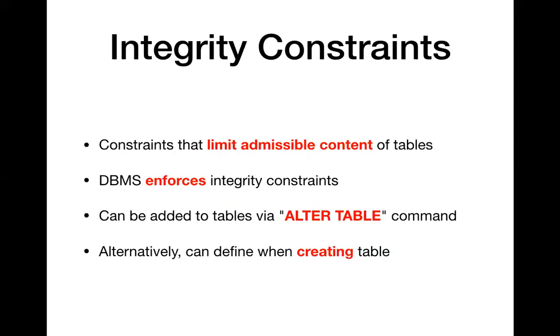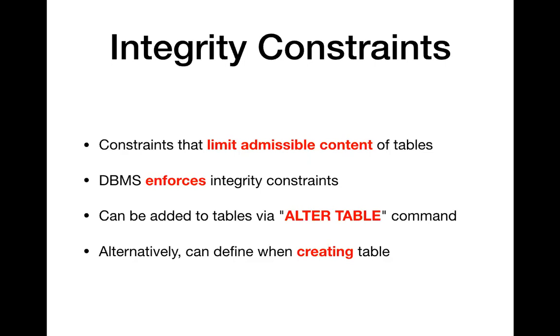Now, the general term here is so-called integrity constraints. They generally limit the content that you can insert into the database. And the database system takes care of enforcing those constraints.